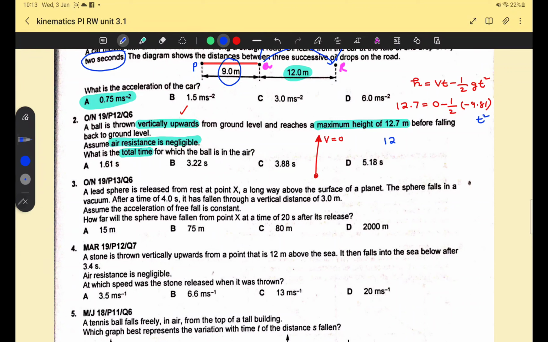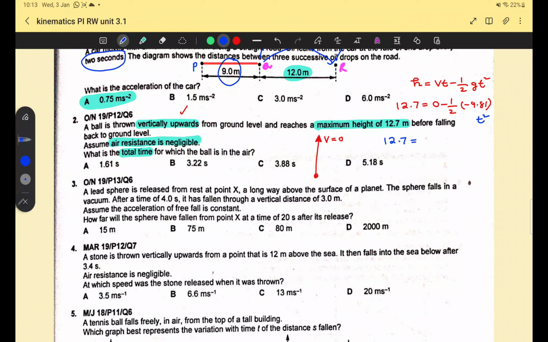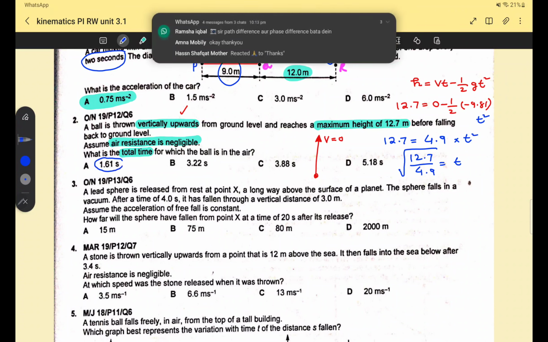Now 12.7 equals minus minus, it makes plus, 9.8 divided by 2, it makes 4.9 t square. 4.9 is shifted to the other side, and if you calculate its square root with division, the answer will be 1.61.